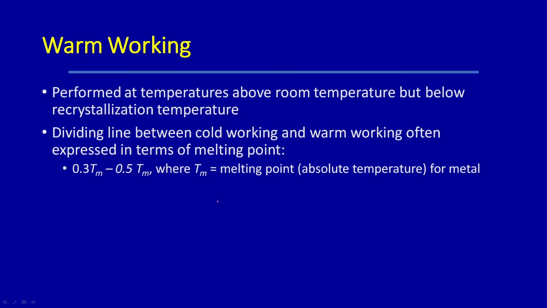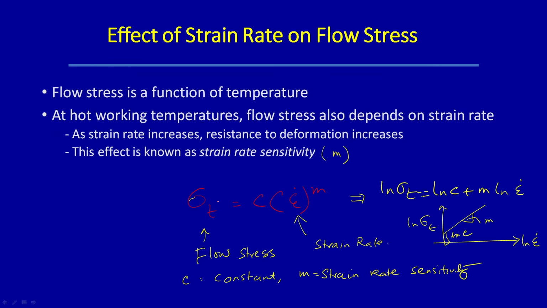Warm working is done between 0.3 and 0.5 Tm, and there is a dividing line between cold and hot working in that domain. But there is a very thin line between cold working and warm working. One can use warm working at 0.5 Tm also. So these are the three defined working regimes which are shown.